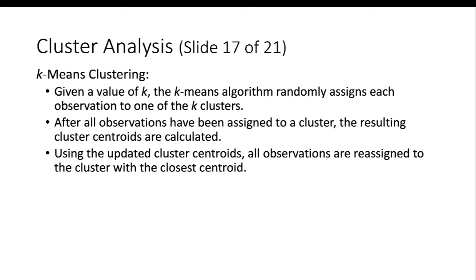So yes, K-means clustering uses Euclidean distance. The algorithm repeats this process, which is first calculating cluster centroids and then assigning each observation to the cluster with the nearest centroid, until there is no change in the clusters or a specified maximum number of iterations is reached.